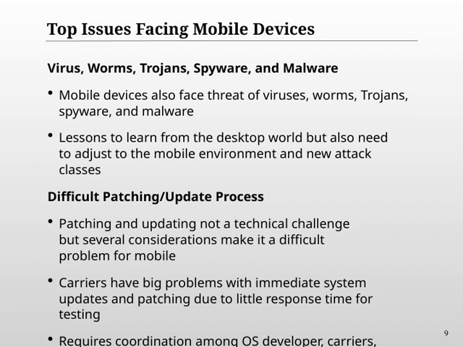Additionally, effective patching requires close coordination among several parties: the operating system developers, the carriers, and the handset vendors. All of these groups need to work together seamlessly to ensure that security updates are delivered efficiently, which is no small feat. So overall, these issues highlight the importance of ongoing vigilance and collaboration in maintaining mobile device security.